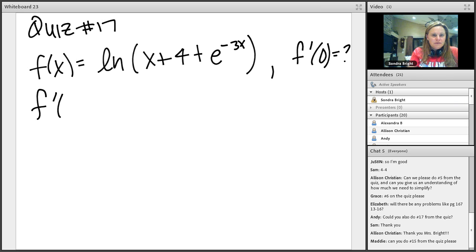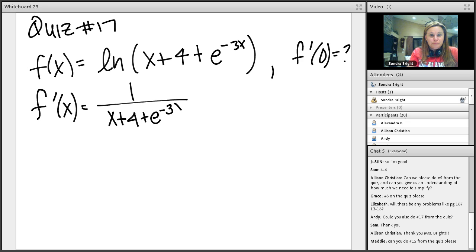Ooh, lots of chain rule. Okay, derivative of the natural log is 1 over the whole inside. So it's that whole big expression, but then times, chain rule says, take the derivative of the inside.